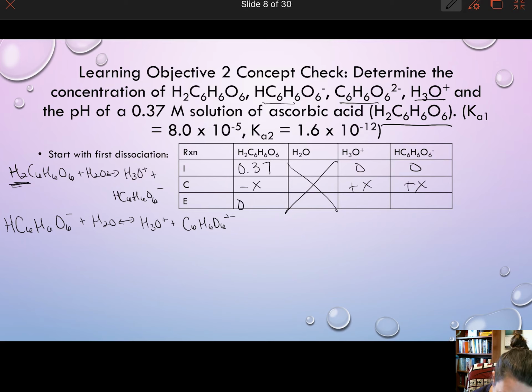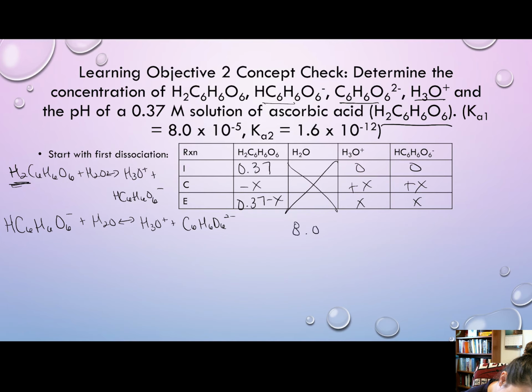We get 0.37 minus x for ascorbic acid, x for hydronium, and x for our ascorbate ion. We're then going to put it into our Ka expression. 8.0 times 10 to the negative 5, our Ka1, equal to x squared divided by 0.37 minus x.